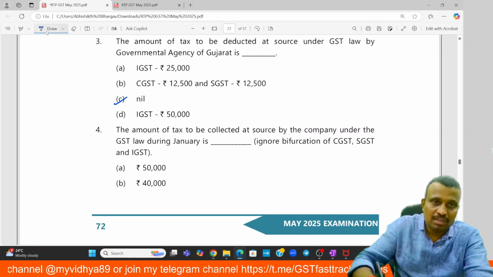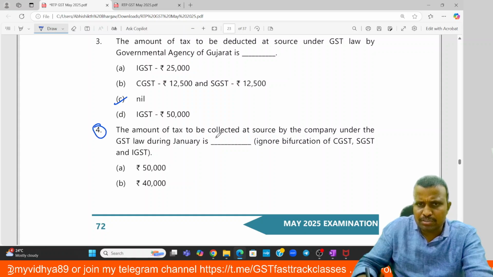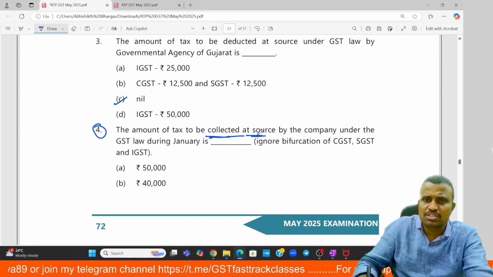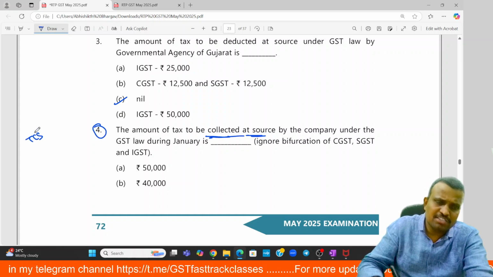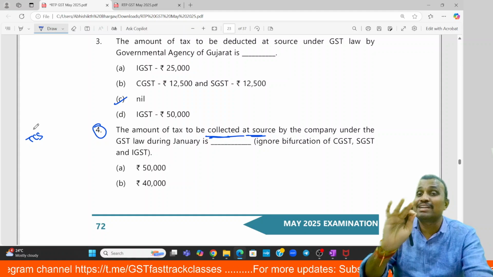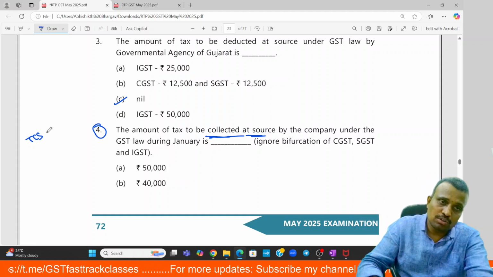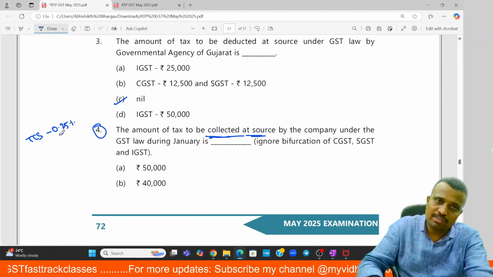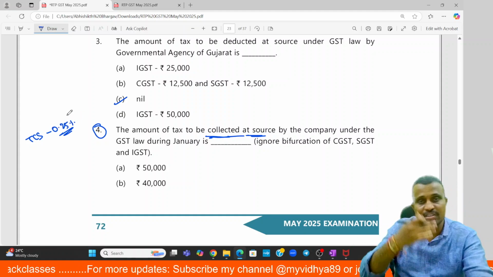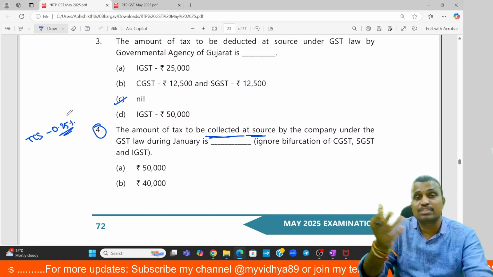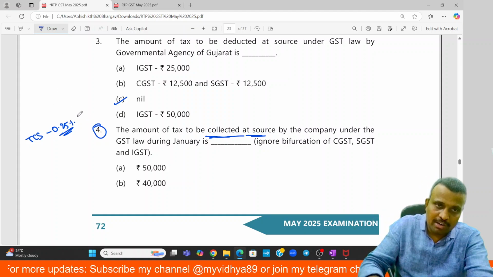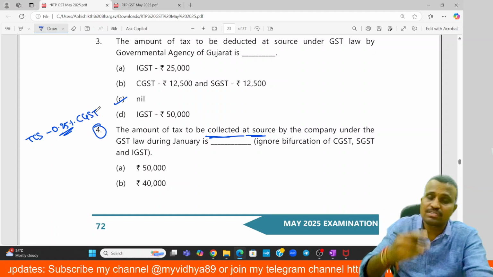Then coming to collection at source, that is TCS. In case of TCS, only one change is there, the rate of collection of tax. It is 0.25% for CGST, and in case of IGST it is 0.5%.